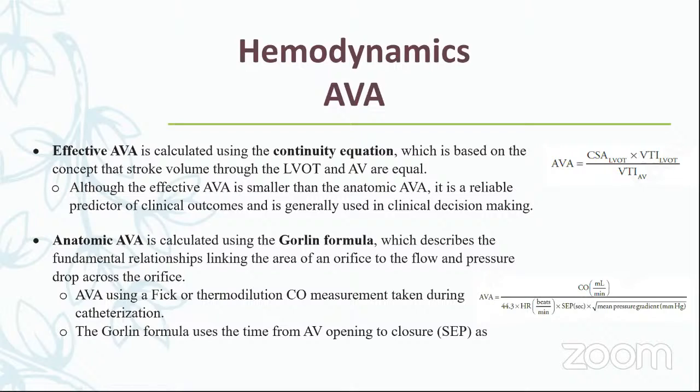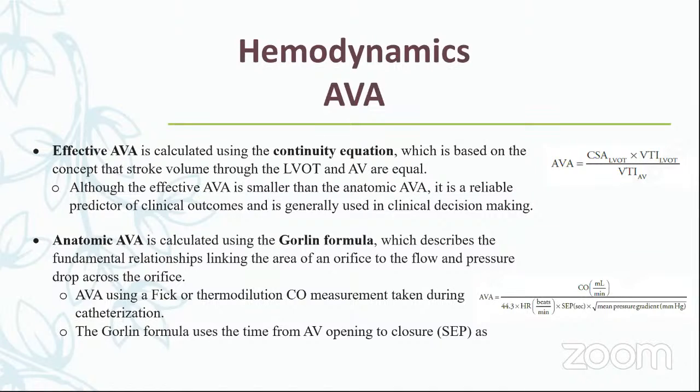The anatomical aortic valve area, on the other hand, is calculated using the Gorlin formula, which describes the fundamental relationship that links the area of an orifice to the flow and the pressure drop across that orifice. It usually depends on the cardiac output, which can be measured by the Fick or the thermodilution method.